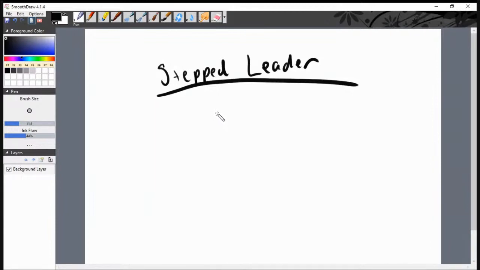As it gets closer and closer to the ground, the return stroke occurs, which causes that big bright burst of light that you see in lightning.